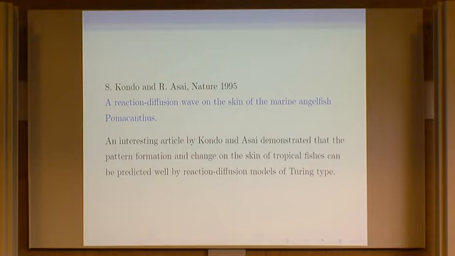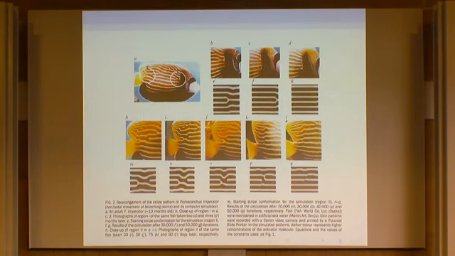So they look at such patterns, and in their observation, they find that stripe patterns appear on the skin of the fish, and such patterns change during the growth of the fish, and they use a reaction diffusion system to simulate such patterns.